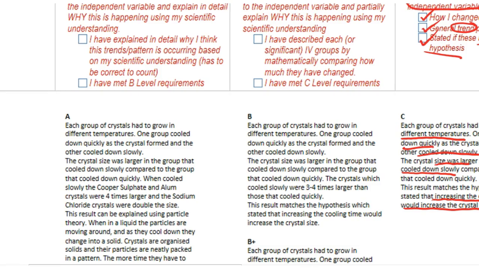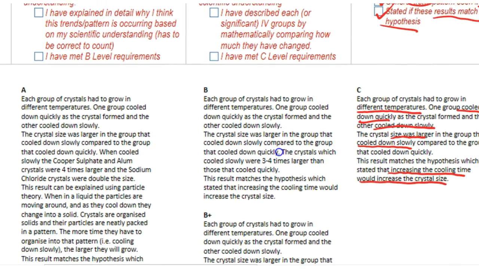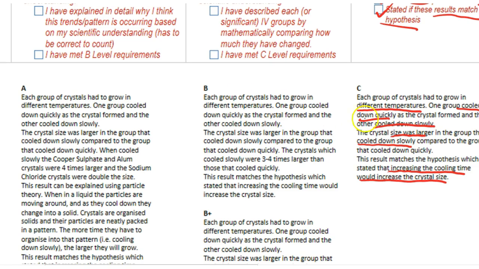So to go on top of that, to get a B or an A, we actually have to describe and explain things in a bit more detail. You have to describe in detail how you were changing each of those groups and how they changed compared to each other. In other words, how much bigger or smaller they were. So let me show you what I mean there. I've got exactly the same thing here, but I have added this. The crystal size was larger in the group that cooled down slowly. We said that just over here.